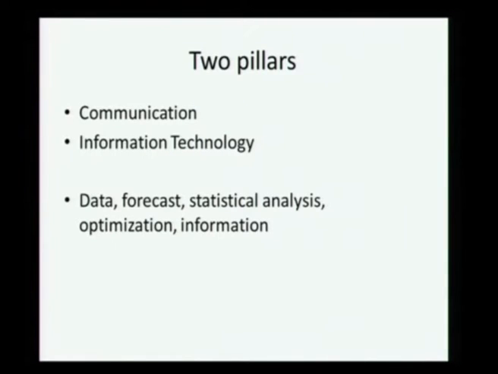Information technology also helps us with the following: data, forecast, statistical analysis, optimization and information. One of the advantages of information technology is that we can get very good data, and we can also get recent data, which is far more important simply because it is the most recent. This data helps us in making good forecasts, and we have already seen that good forecasting systems are essential.